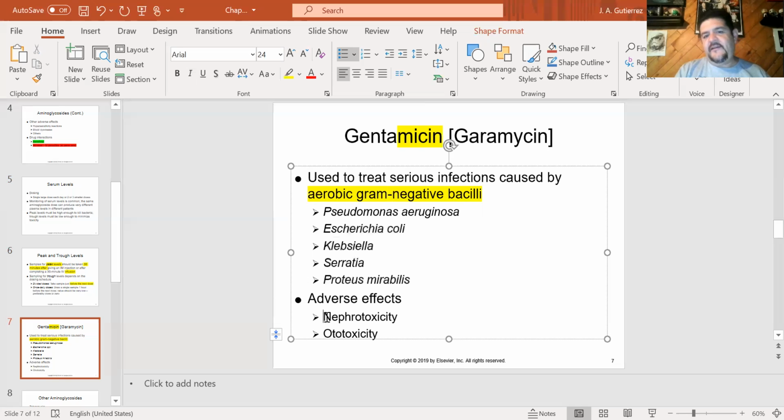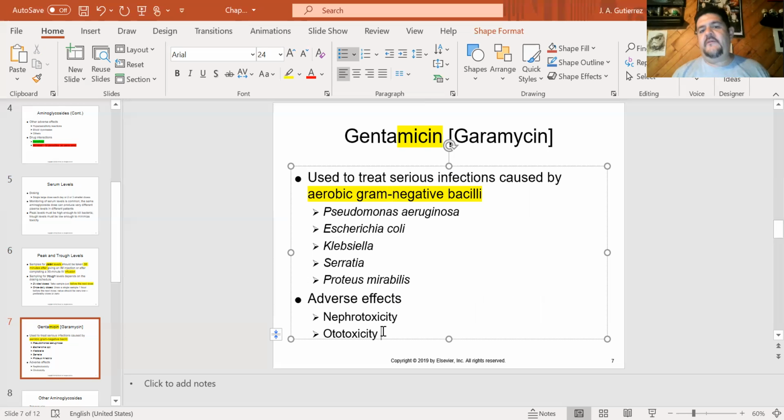So again, the highlight regarding adverse effects: nephrotoxicity. So again, we need to do lab follow-ups, BUN, creatinine. Ototoxicity, and we mentioned here the patient is going to complain of a ringing in the ears, tinnitus, deafness, and dizziness, vertigo.